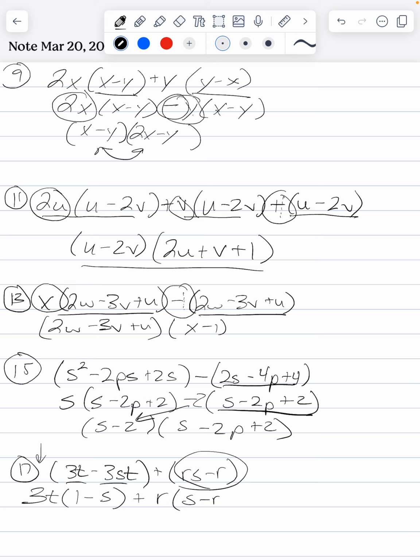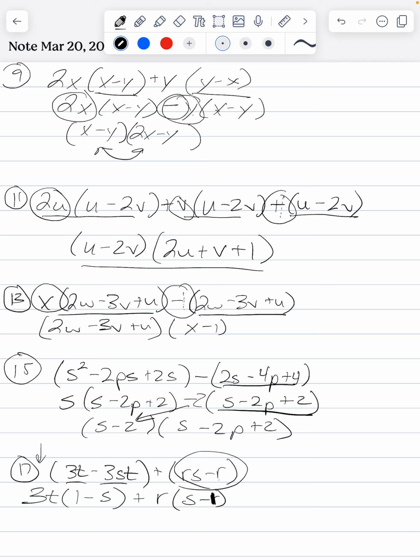So we factor out the r, and oops, that's not an r. We're left with a 1. Yes, when you factor out that r, you still have a 1 because it's 1 times r that equals r. Don't let 1 become an invisible factor. So here we are, 3t times the quantity 1 minus s minus r times the quantity s minus 1.